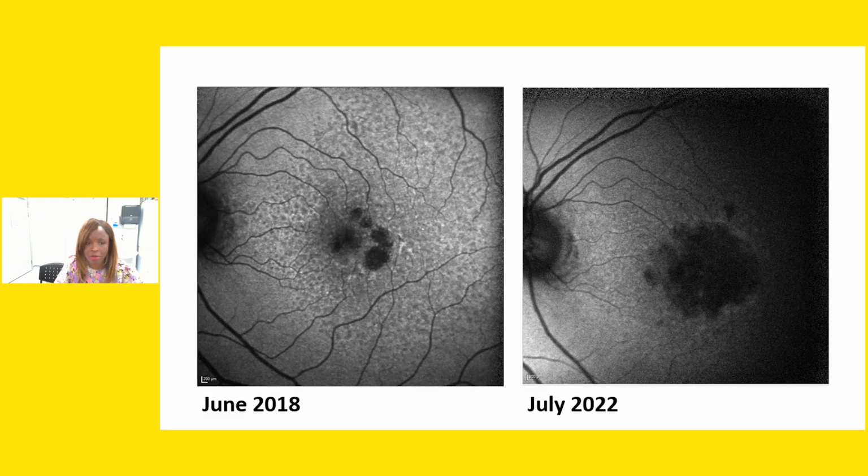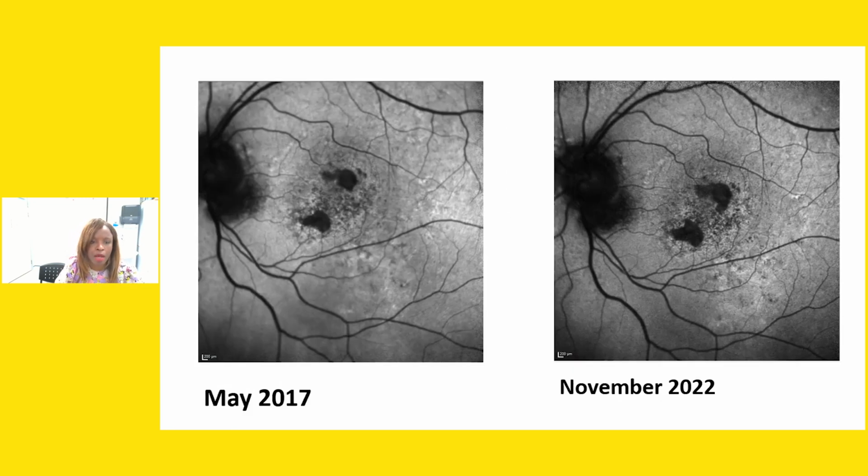So these are examples from my clinic of my patients, anonymized, of course, but you can see the area of geographic atrophy here on the left. The black areas are fairly small, and within 4 years, you can see that's expanded, and the very center is involved, and the vision is significantly lower as well.